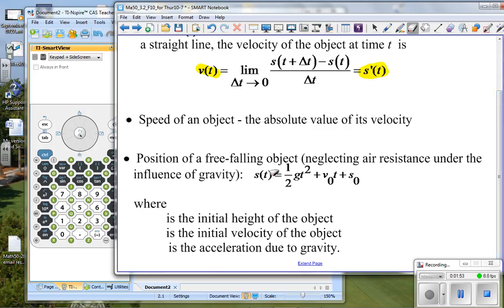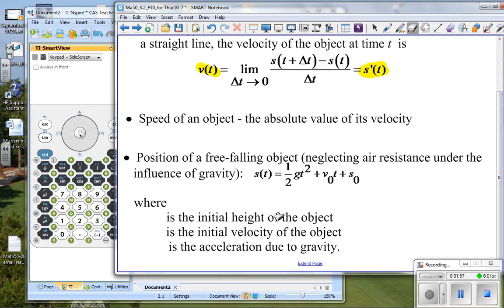If we are looking at the position function of a free-falling object, we are looking at s of t equals 1/2 g t squared plus v sub 0 t plus s sub 0. Now we've looked at that just briefly earlier on, and I know you've looked at it in Algebra 2 books, probably in physics class.